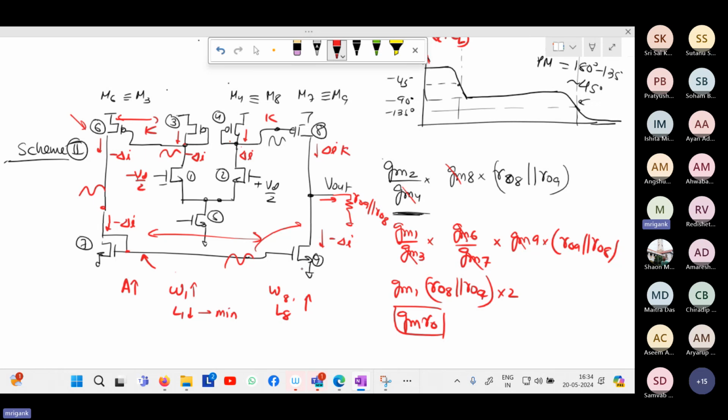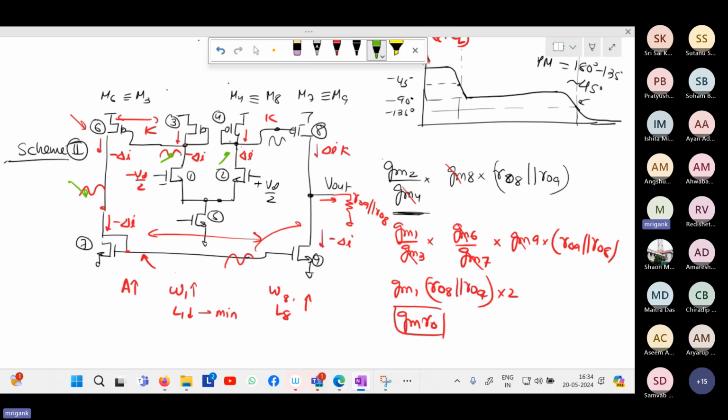In this circuit, what is the critical pole? There is only one critical pole, at Vout, because all the other nodes are low impedance nodes: 1 upon GM, 1 upon GM, 1 upon GM. Here it is RO up parallel RO down, where R up is RO but R down is 1 upon GM. Here also 1 upon GM. What is the small signal impedance at node 3?